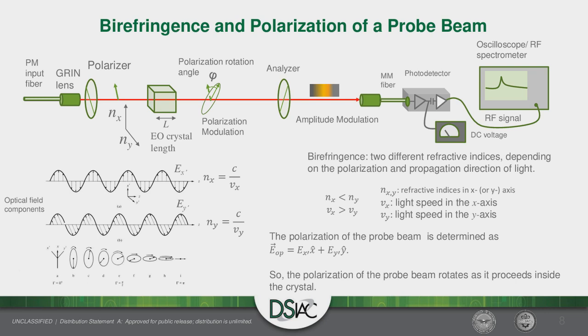Once the polarization state changes, if the polarization angle is parallel to the analyzer, maximum brightness appears. And if it is orthogonal to the analyzer polarization, then it becomes dark. So this is how we detect the polarization. The next slide, please.